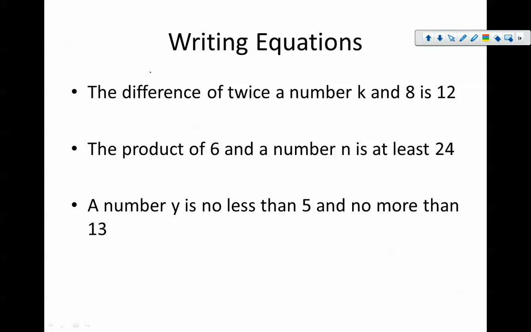First of all, difference means subtraction. Twice a number means multiply, because we're going 2 times k, so that's 2k. The difference of this and 8 means minus 8. Is, that's a key word right there. That means equals. It means they're the same. So that means that 2k minus 8 equals 12.